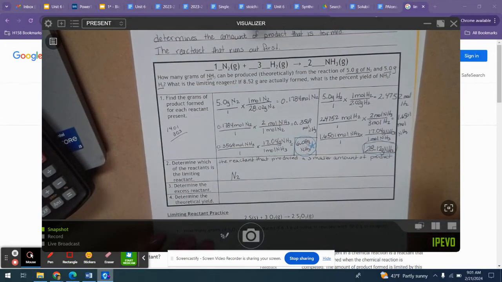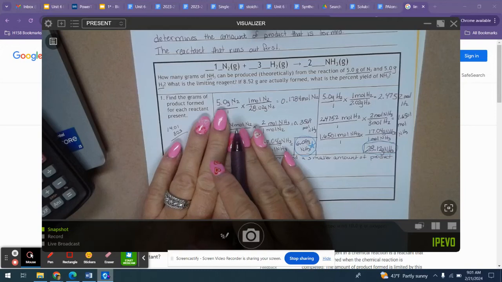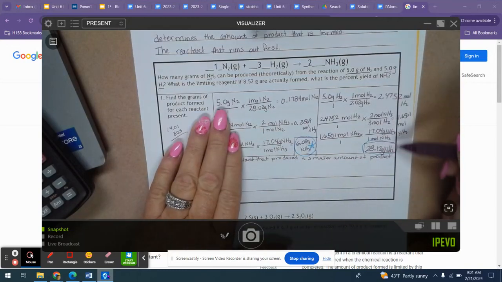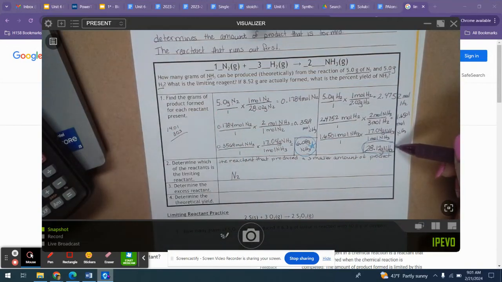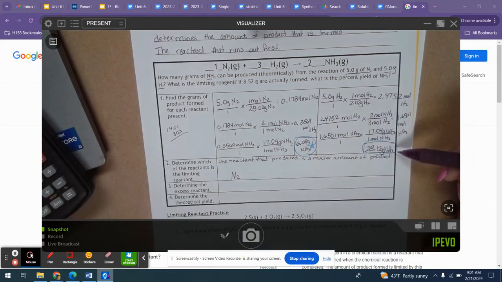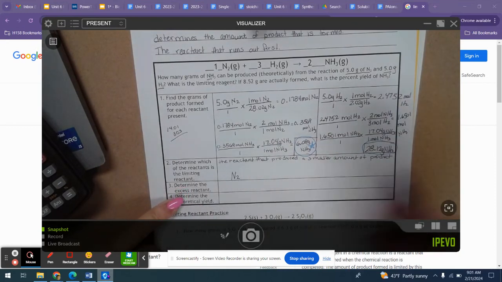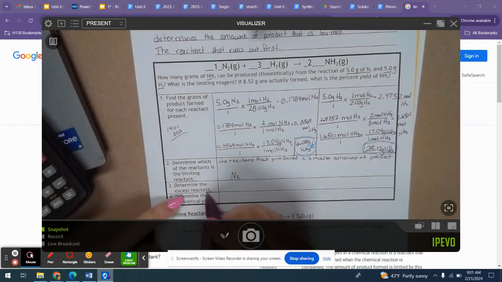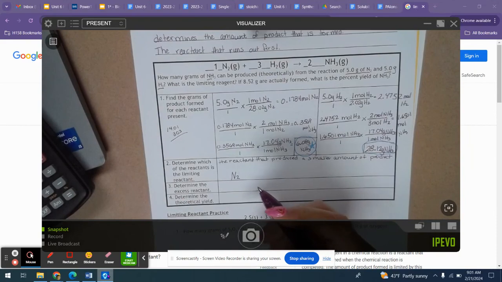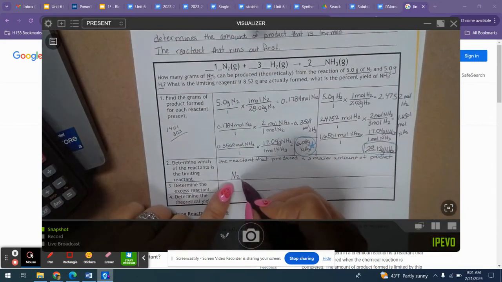to react. If we had more nitrogen and we wanted to react all of our hydrogen, we could actually get to the point where we produce 28.12 grams. But in this case, we run out of nitrogen. Now determine the excess reactant. Well, there's only 2 reactants in here, so one is the limiting.